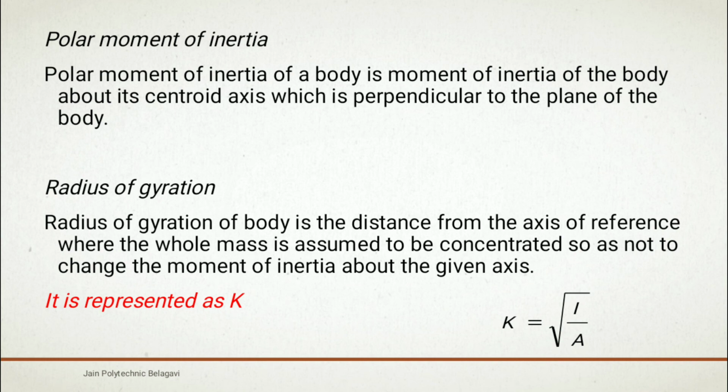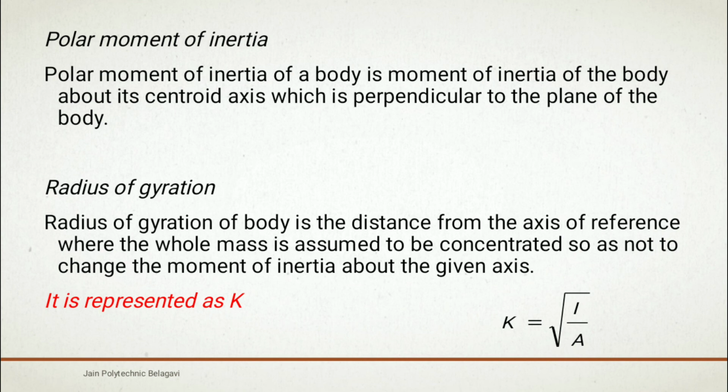Now what is radius of gyration? You can see the formula there: k is equal to the square root of moment of inertia divided by area, where A is the area and I is the moment of inertia.